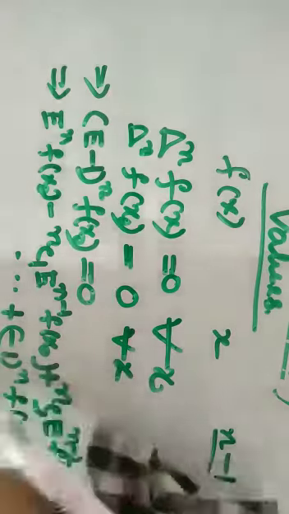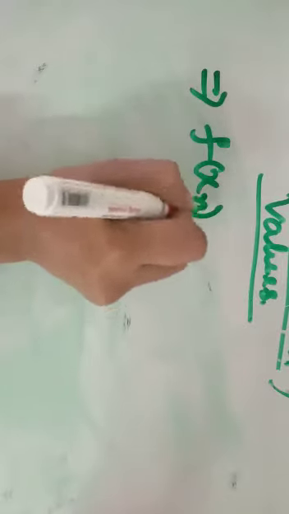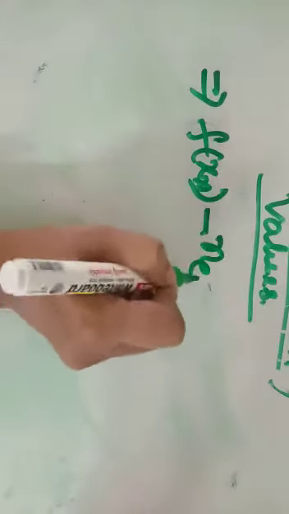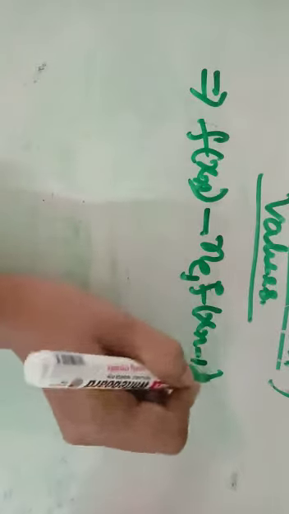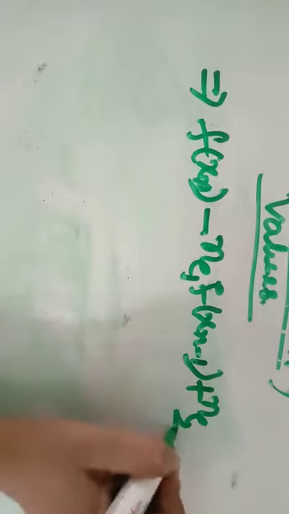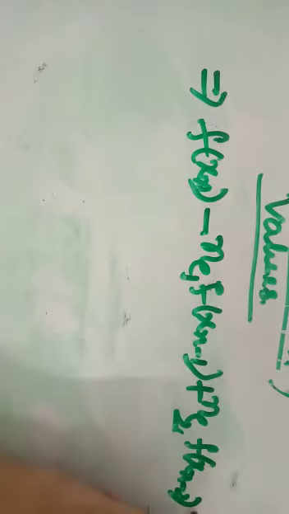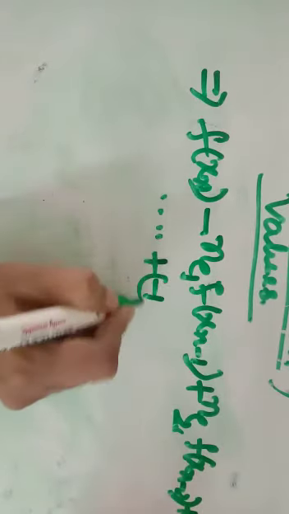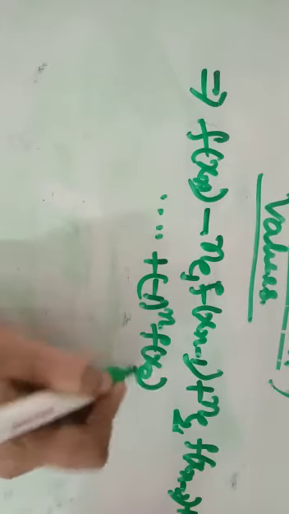That implies f(xn) minus nC1 f(xn minus 1) plus nC2 f(xn minus 2) plus up to (minus 1) to the power n f(x) naught is equal to 0.